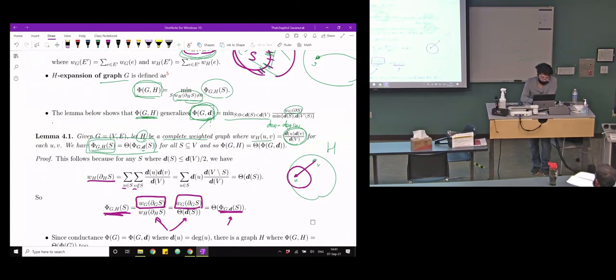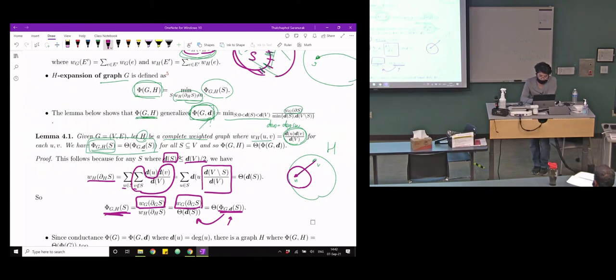And then let's try to sum over all of this, over all V. For U, you can just put it here, right? So summing over all this, you get this thing. Okay, I forgot to say that I will just assume that S is on the smaller side, so D of S is less than half.